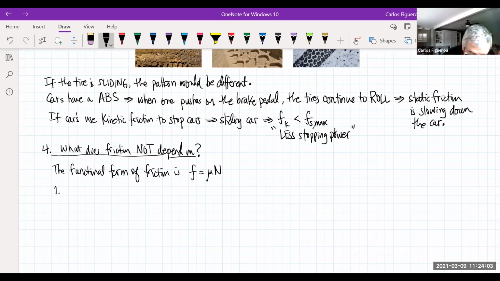So when I ask the question, we could see here that friction does not depend on what? On speed.